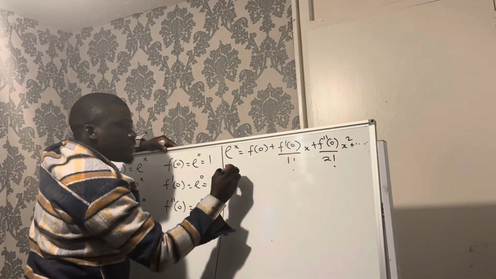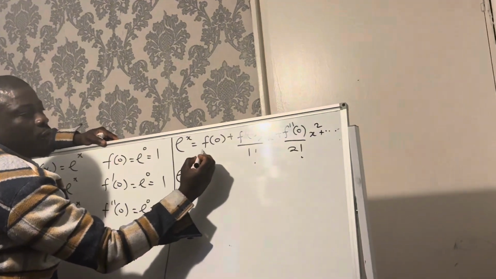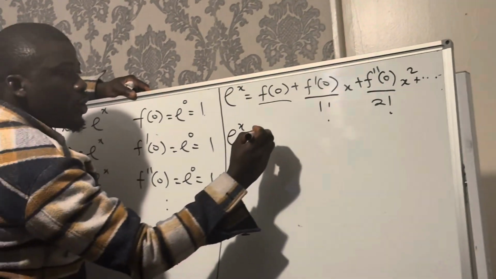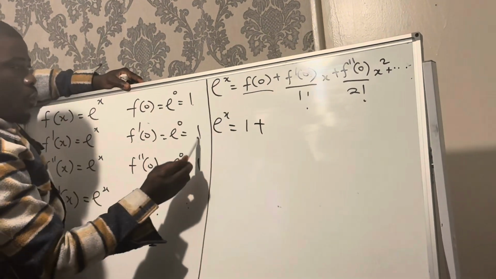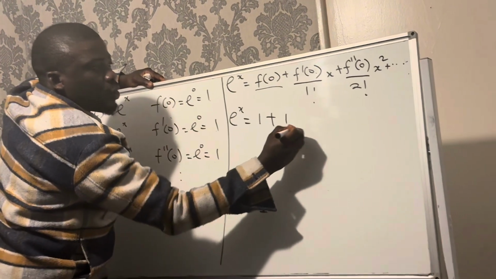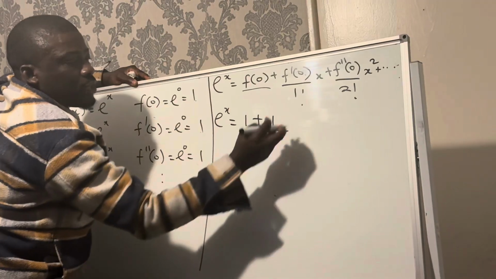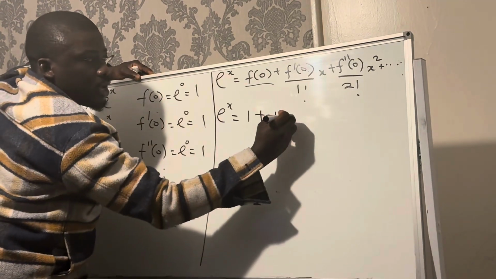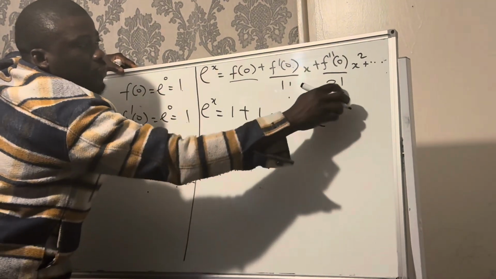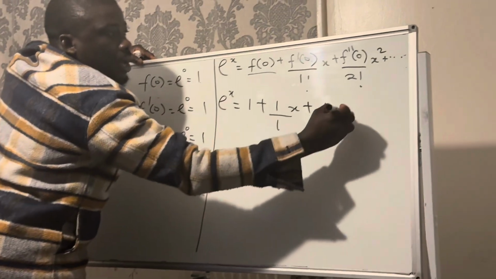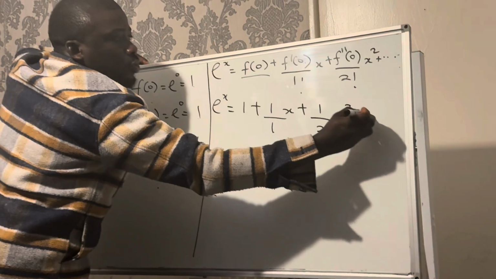So what's the value of f of 0? 1. So we have 1 plus, what's the value of f prime of 0? 1. Because we have 1 factorial here, and 1 factorial is 1, and x is here, we have x. Plus f double prime of 0 is also 1 all over 2 factorial, and we have x squared, and so on.